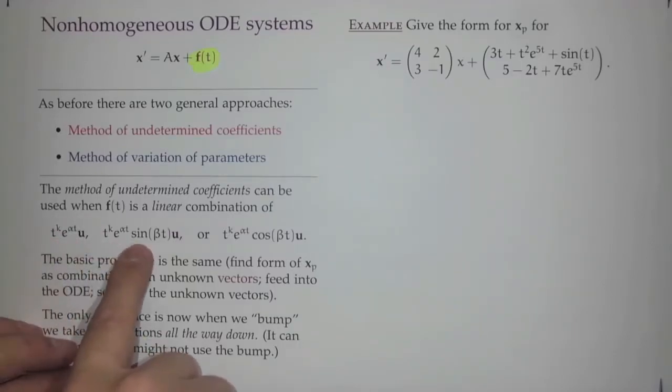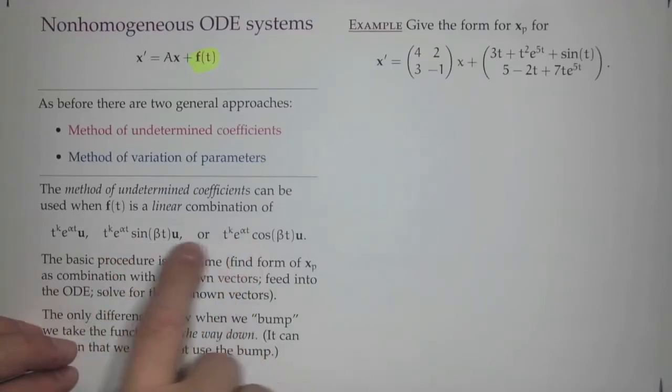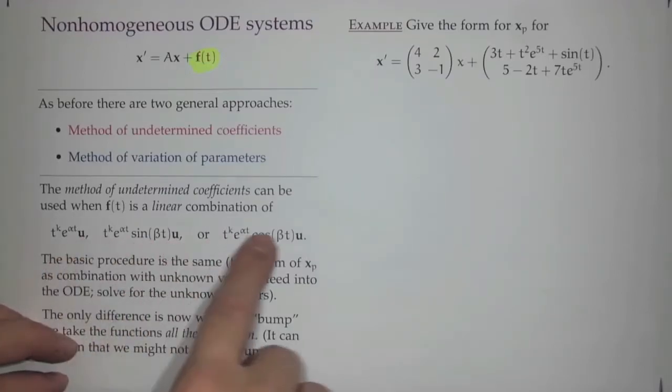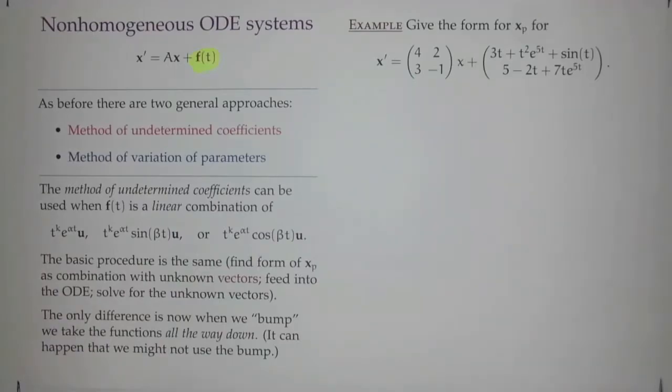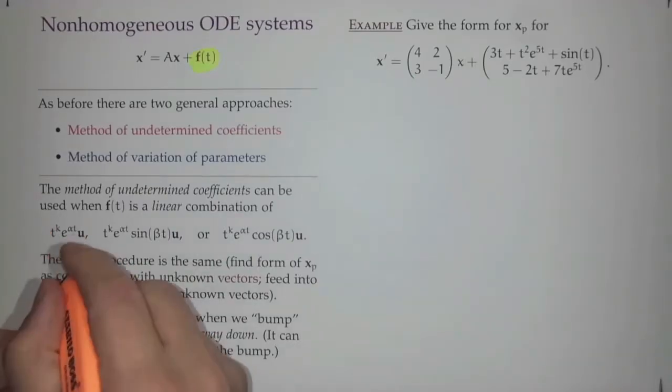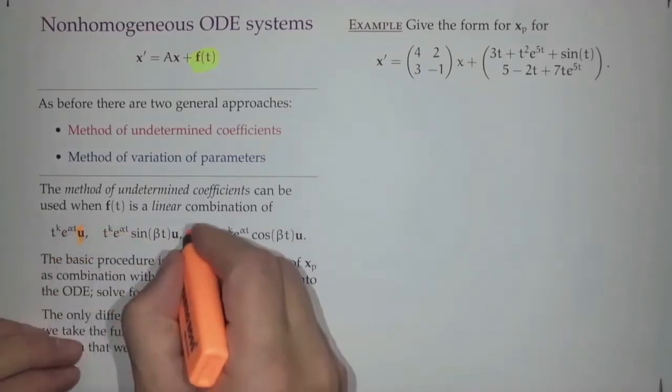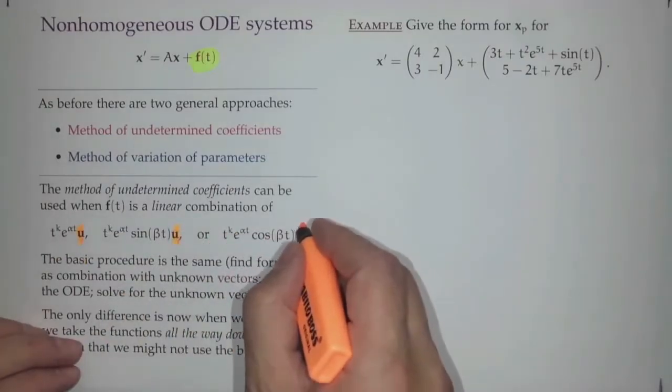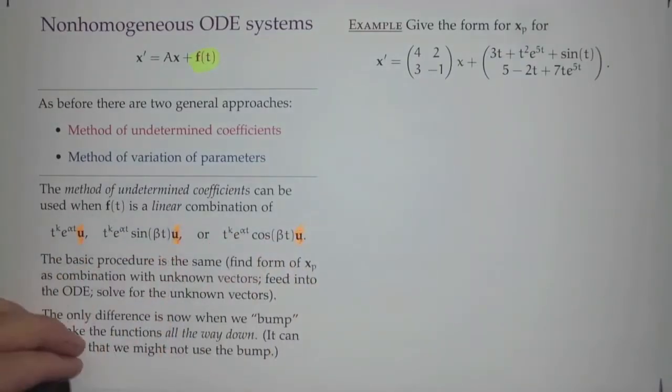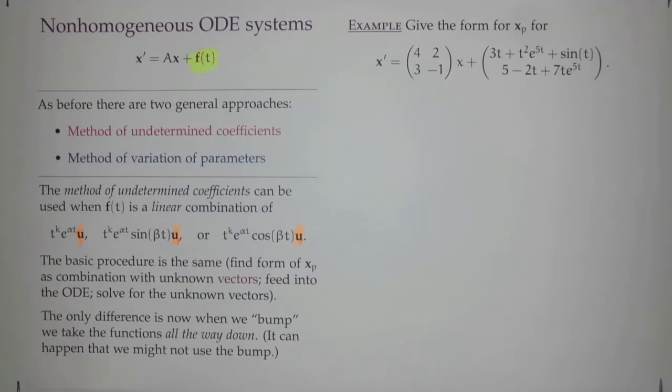Or maybe there's a sine or a cosine attached. Now you'll notice there are these little extra pieces here, and these represent just vectors u. So these are saying we have some function times a vector u. And before, instead of a vector, we'd have a constant, a number in front. So suppose f of t is a linear combination of things that look like that.